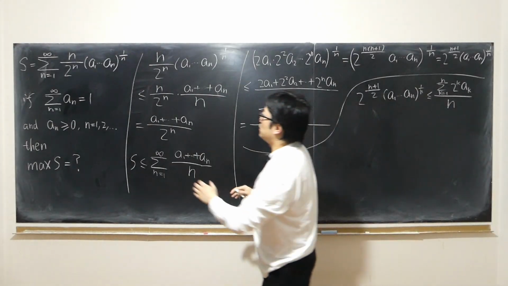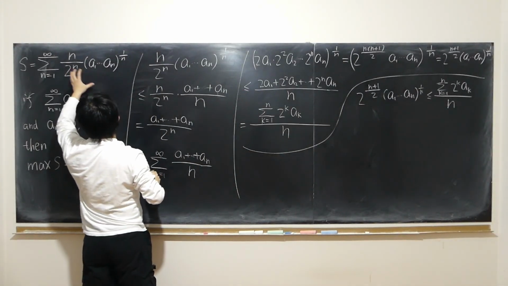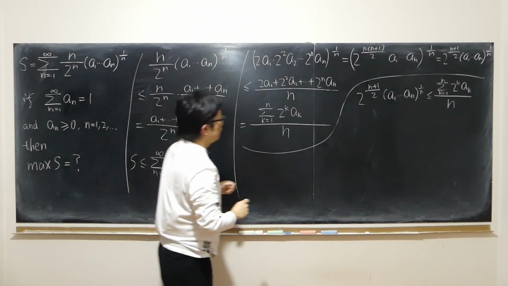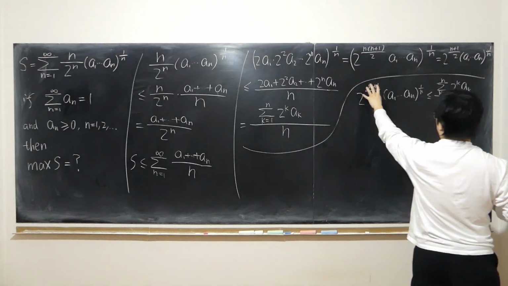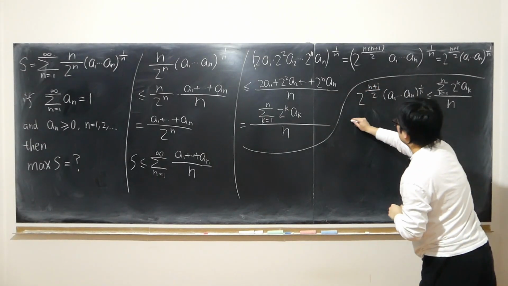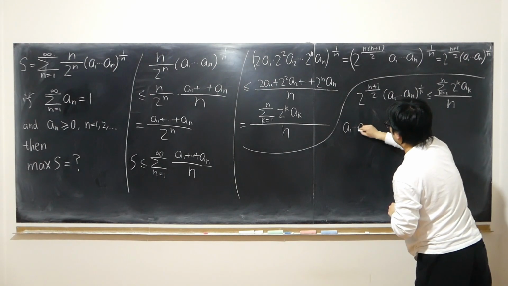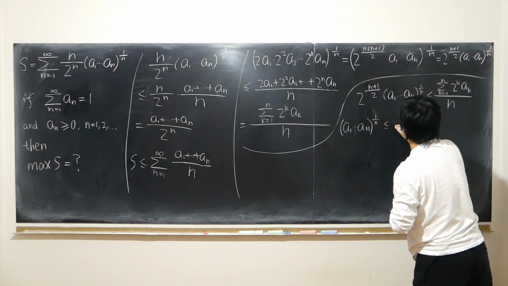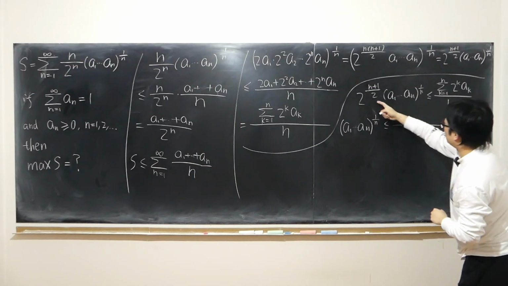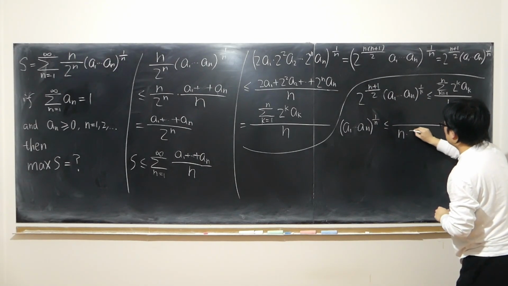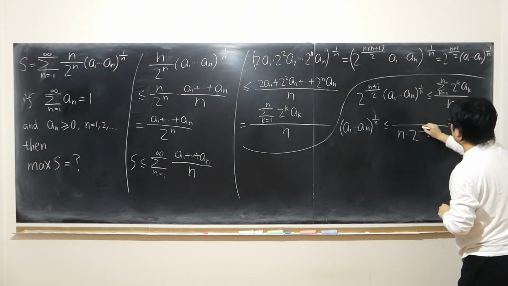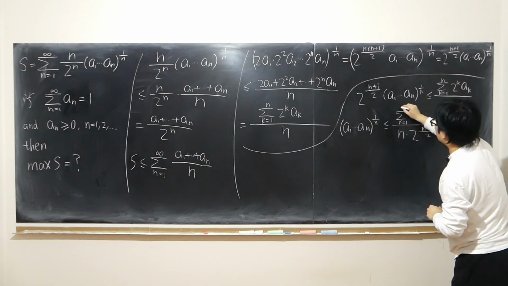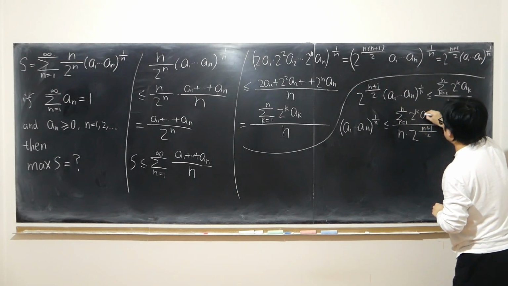But what we want is this summand, so we have to get rid of this one. We multiply this over down here. So immediately we have the product raised to the power 1 over n is less than or equal to n times 2 to the power of half of n plus 1, times the sum for k from 1 to n of 2 to the power k times ak.